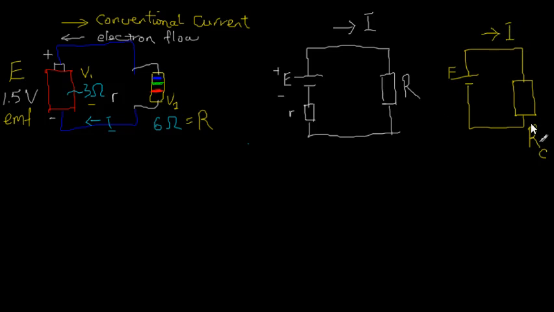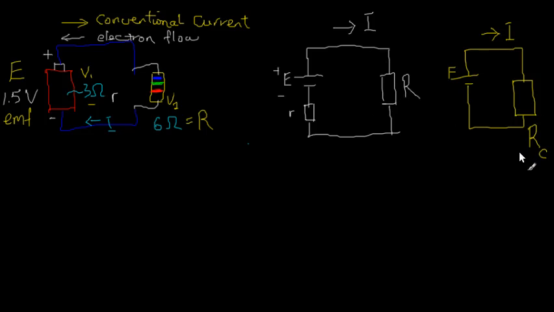If I can find a resistance that has the same effect as these two resistances separately, I can think of this as a combined resistance that can give the same current as these two resistances together.